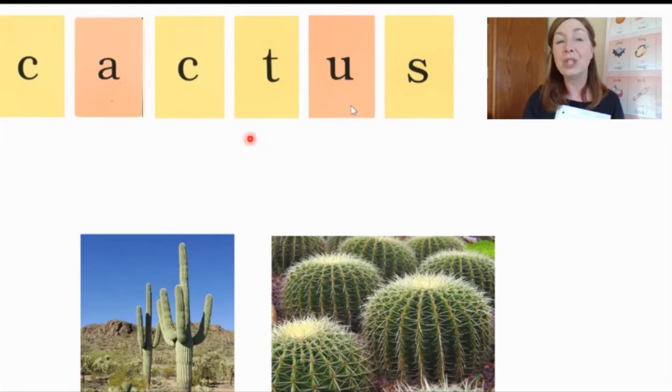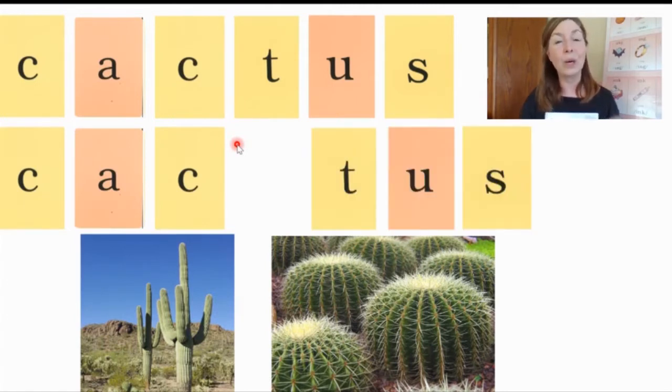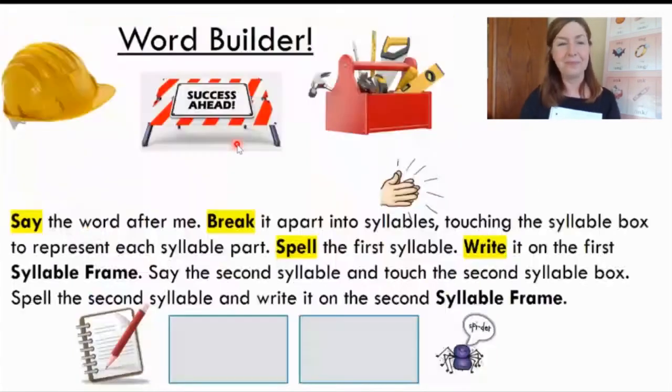Then we look to see if two or more consonants are between the vowels, and we see there are two consonants together here, the letters C and T. So where will we divide this word? If you said between the C and the T, you're right. The first syllable is cac, and the second syllable or push of breath is tus. Cactus. Say it with me as you touch your frame. Cactus. Cactus.